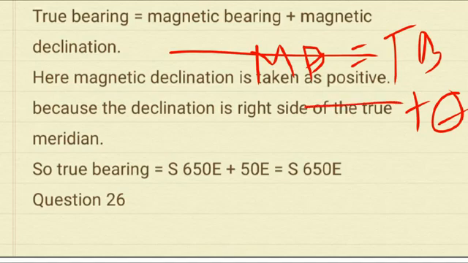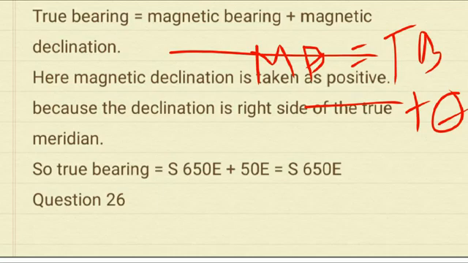Because of declination to the right side of the true meridian, the true bearing is equal to south 60 degree plus 5 degree east.